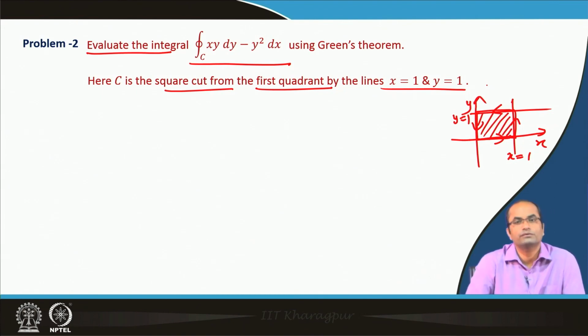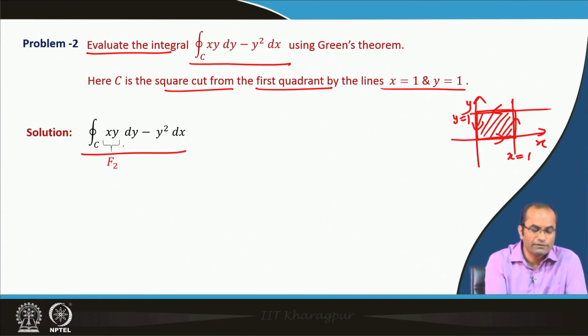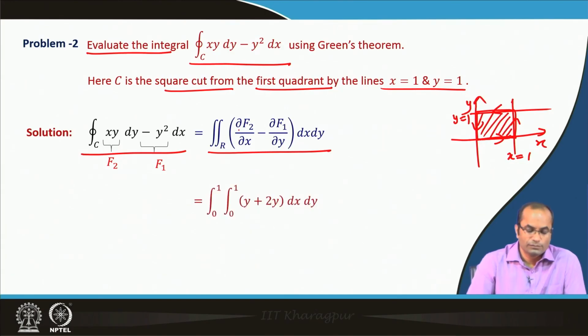So, what we will do, we will use this Green's theorem and apply it on this region R. So, the Green's theorem says that this will be equal to, here we have f2 because it is f1 dx plus f2 dy, and this is f1 with the minus sign, this area integral, where we can easily evaluate these partial derivatives.